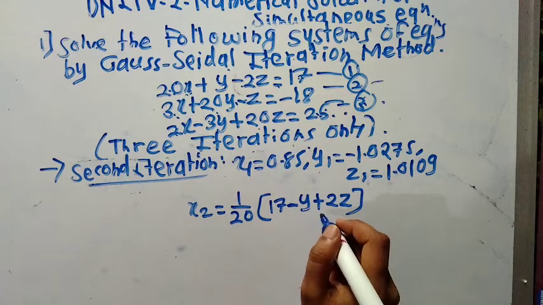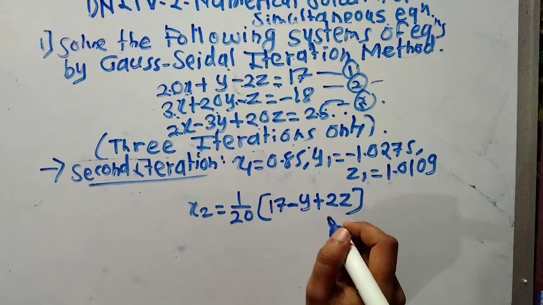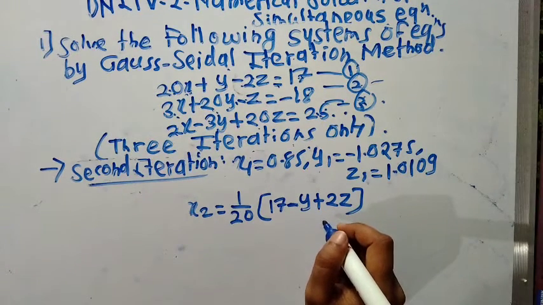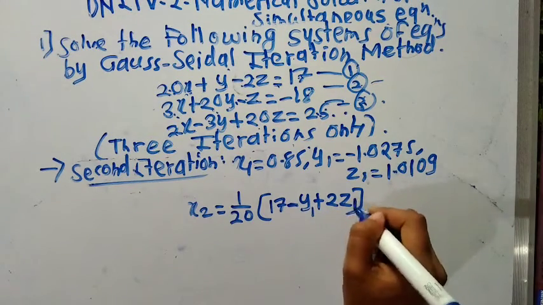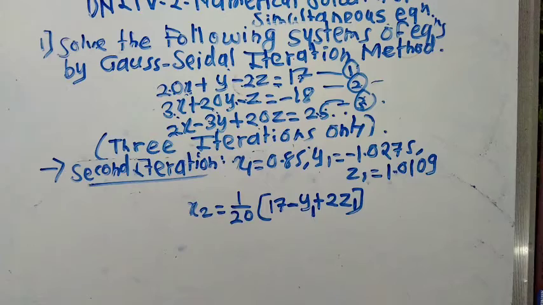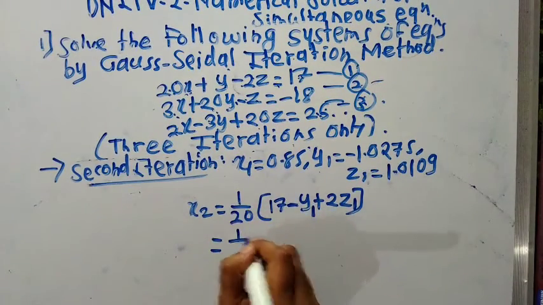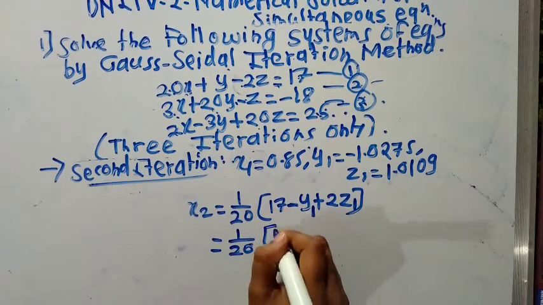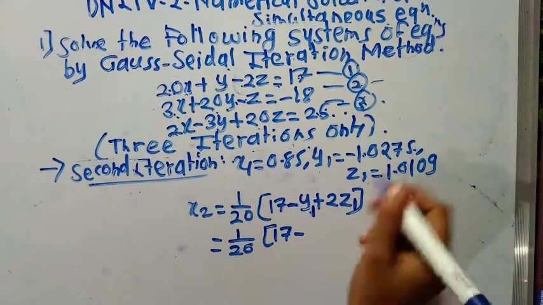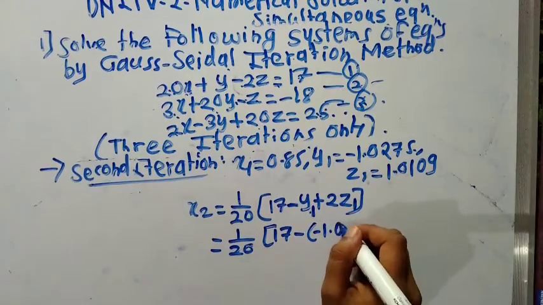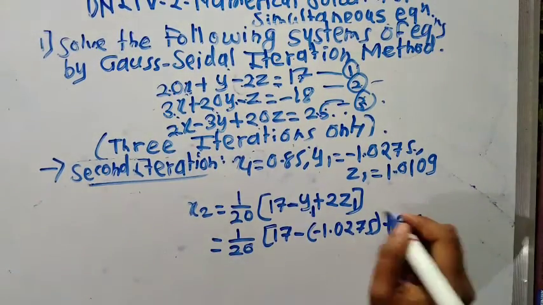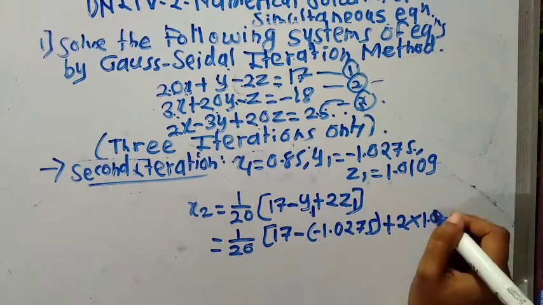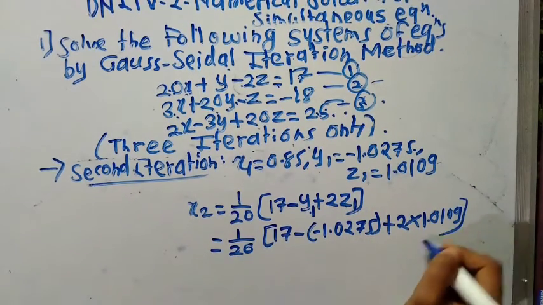So here take y1 and z1. Then 1 by 20, 17 minus y1 is minus 1.0275 plus 2 into z1 is 1.0109.